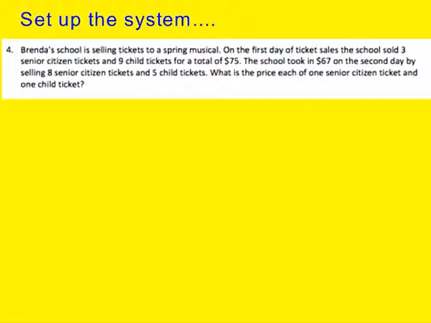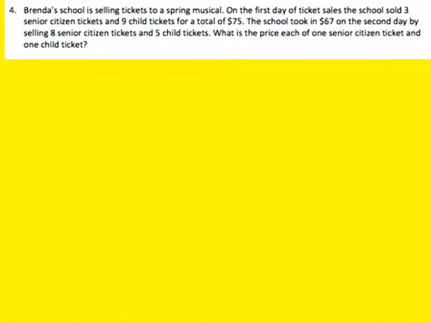Brenda is selling tickets at the spring musical. On the first day of ticket sales, she sold 3 senior citizen tickets and 9 child tickets for $75. The school took in $67 on the second day with 8 senior citizen and 5 child tickets. So let's go ahead and set that up.